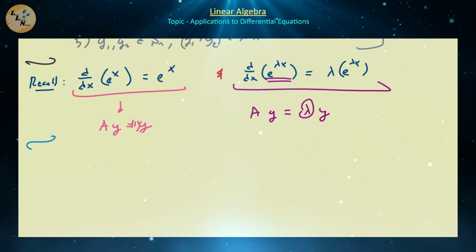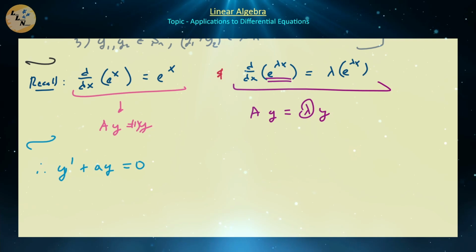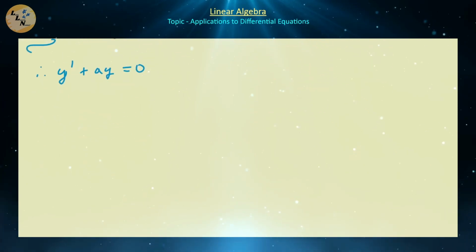So if we consider the first order linear constant coefficient homogeneous differential equation, y prime plus ay equals 0, and we choose, for example, this eigenfunction for this differential operator, because we know eigenvectors form a basis for the vector space, then what will we get?